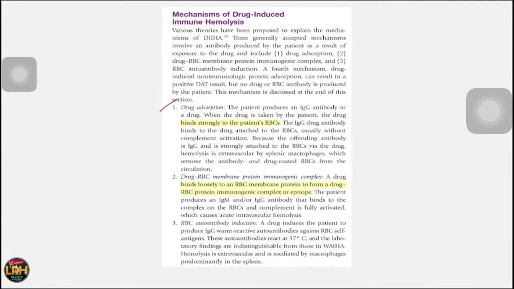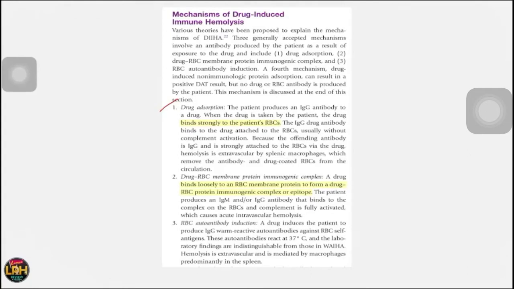Number two, the second mechanism, the drug and red blood cell membrane protein form an immunogenic complex. So the drug binds loosely to the RBC membrane protein, forming an RBC protein and drug immunogenic complex, or epitope. So here, the patient will produce antibody that will bind to this complex.